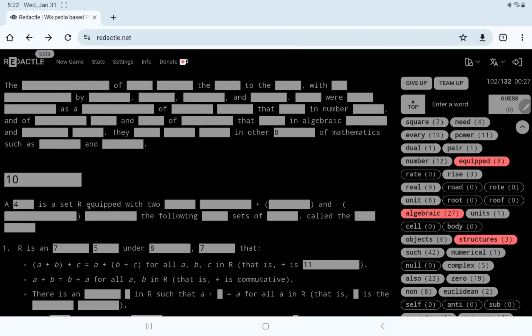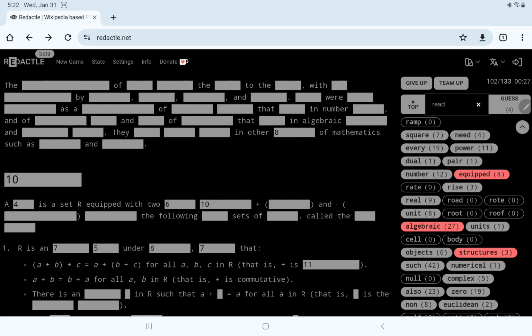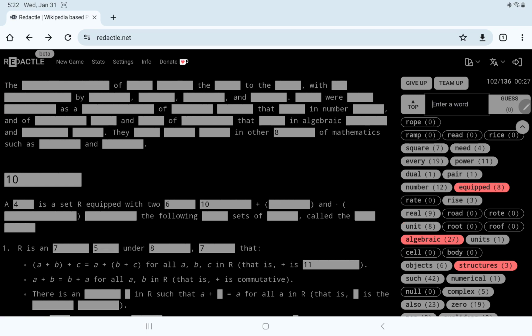Yeah, is a set R equipped with 2. So, yeah, let me think what other R words it could be. Ramp, read, rice, rice-a-roni, rope. I'm at the end of mine. Ruin. This is not going to ruin my day.